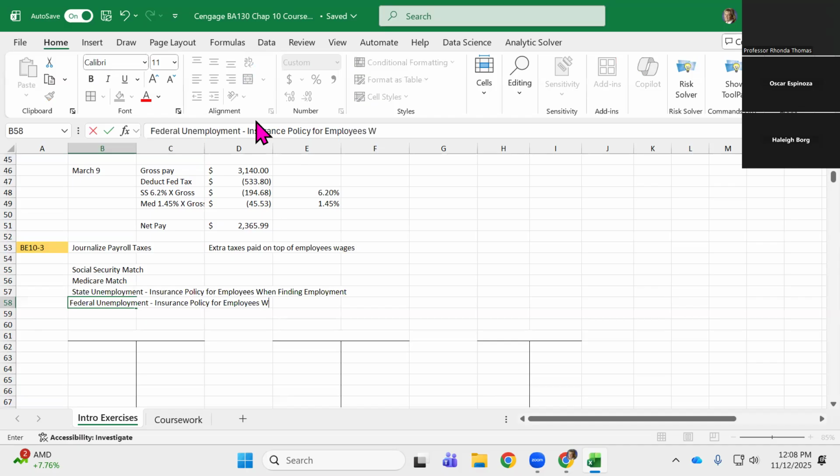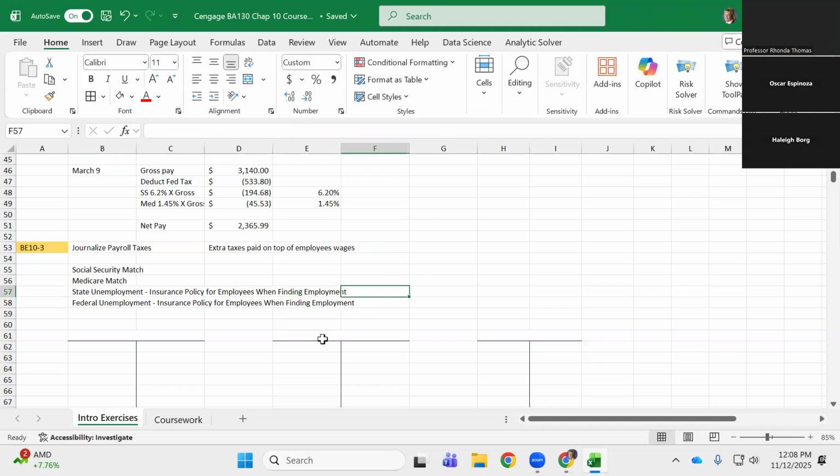Like right now, if you filed for unemployment, I don't think you would get any federal unemployment because they have not implemented that. They only implement it when it's necessary. All right. So now I'm going back to the problem. So those are the 4 things that you have to pay as an employer.